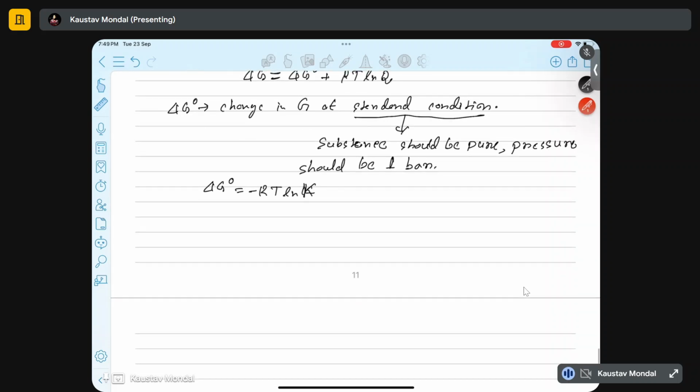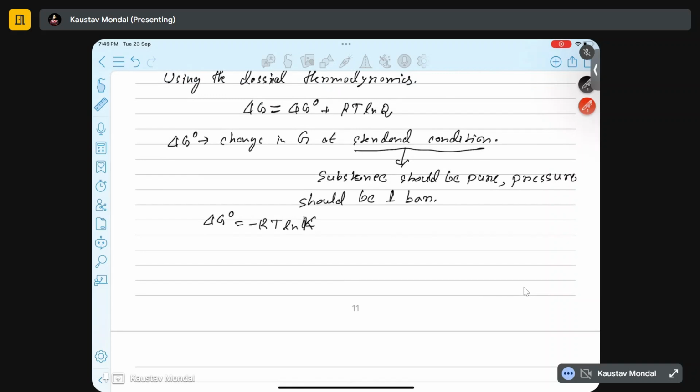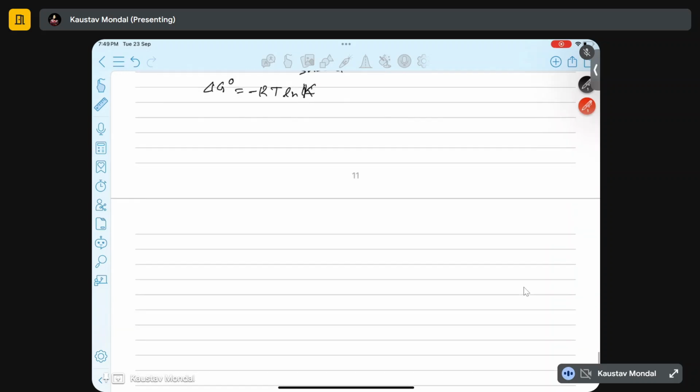Now we also know from our previous discussion about the Gibbs free energy that you can write the Gibbs free energy in terms of the molecular partition function, right? That expression is given by G minus G0, where G0 is the Gibbs free energy at absolute zero temperature, equal to nRT ln Q by N, where Q is the molecular partition function.